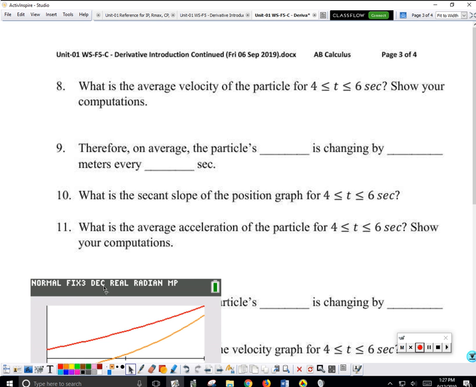The point of the green, the gold, and the white packets is really for you to gain confidence that you understand how position relates to velocity, relates to acceleration. So I asked a lot of redundant questions, trying to get you to see that they are the same. So number 8, you had to figure out the average velocity. Well, secant slope of the position, that is average velocity. So that was just writing it down.